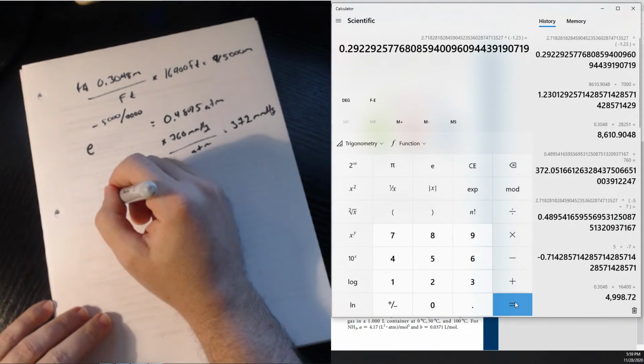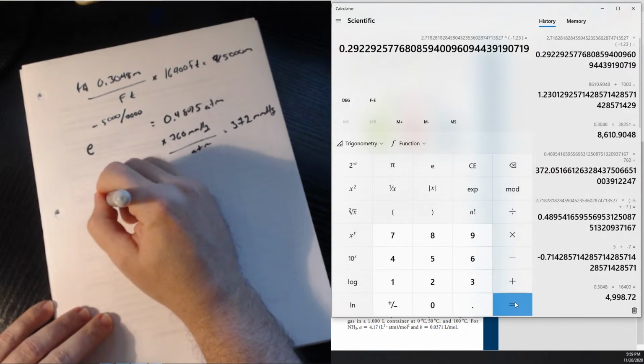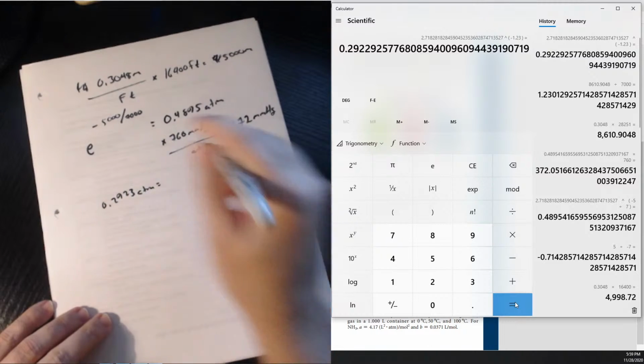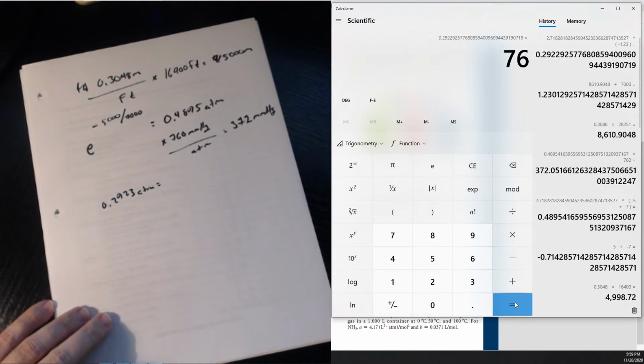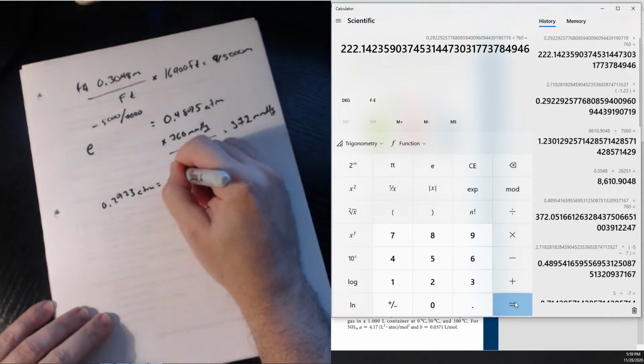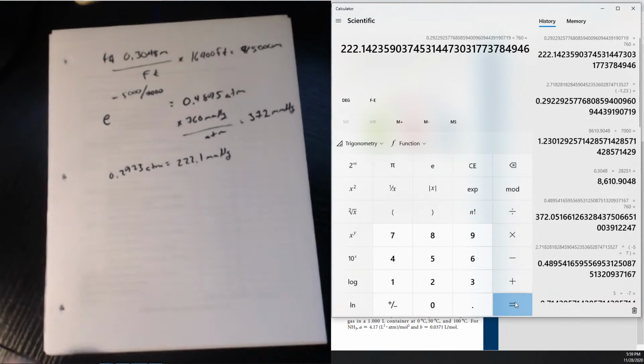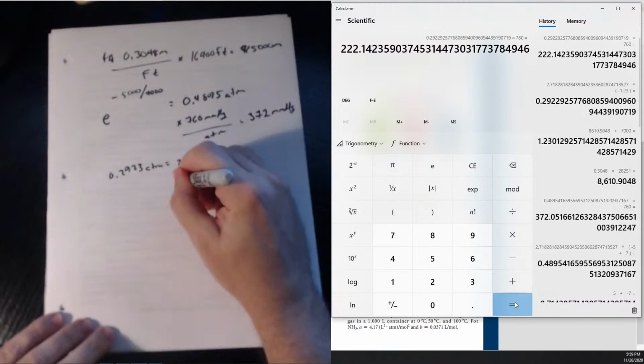So the atmospheric pressure is 0.2923 atmospheres, which is 222.1 millimeters of mercury. Very low, very low. Definitely at the death zone. Assuming the mole fraction of oxygen in the air is 0.2095, what is the partial pressure of oxygen at the summit?